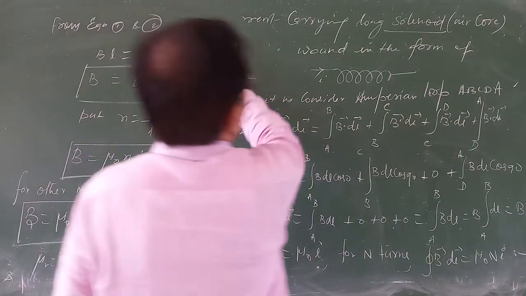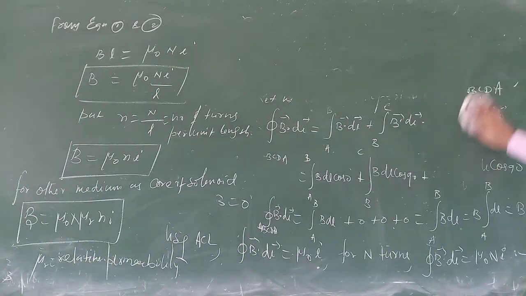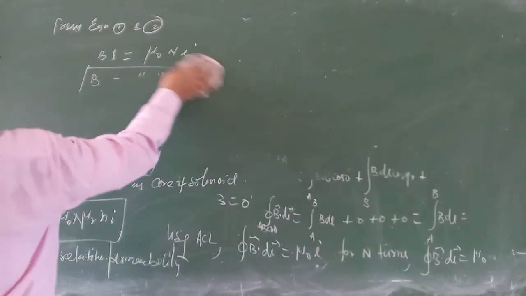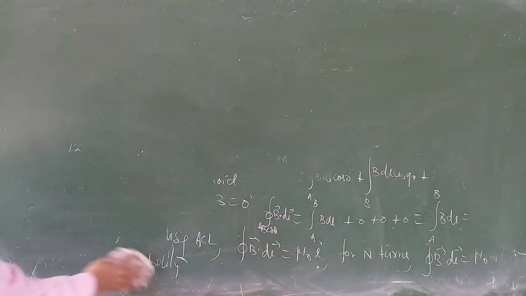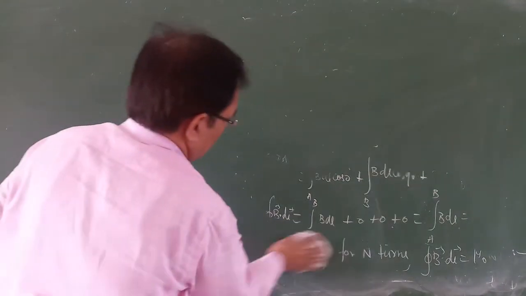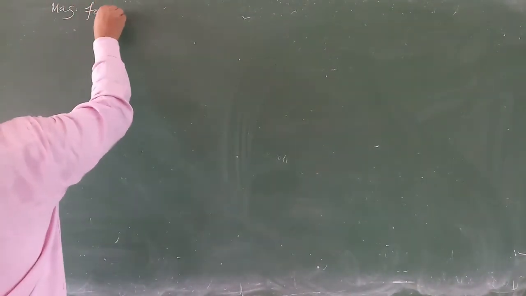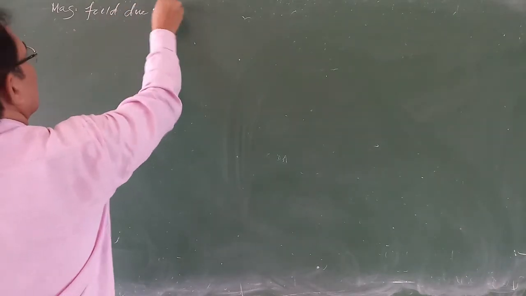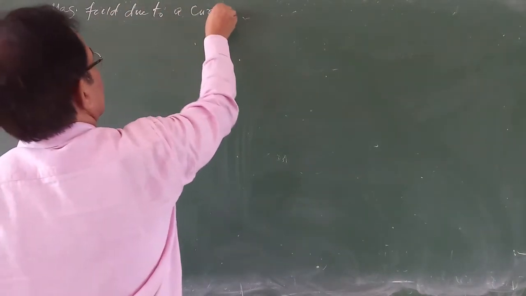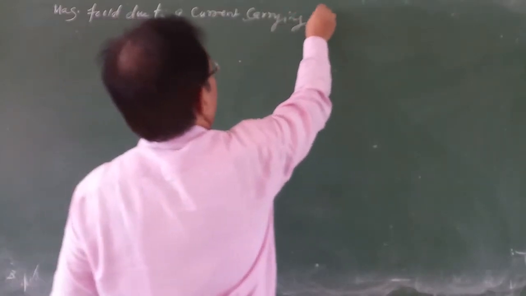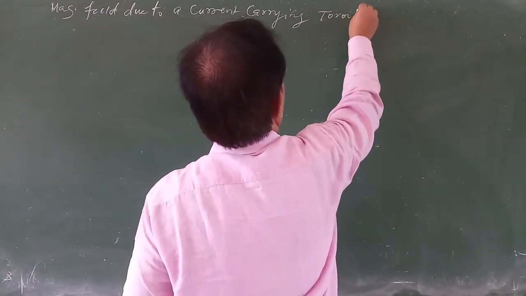Then you find the magnetic field in a current carrying toroid. Find the magnetic field due to a current carrying toroid.